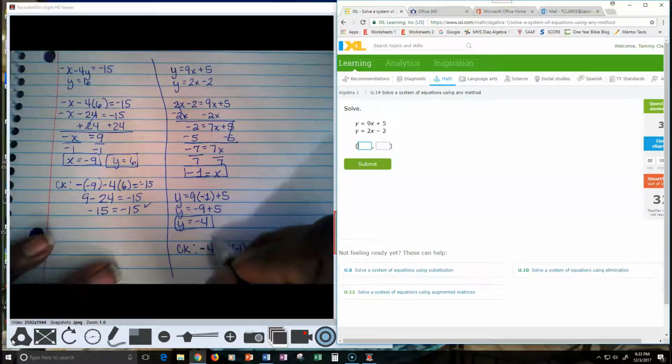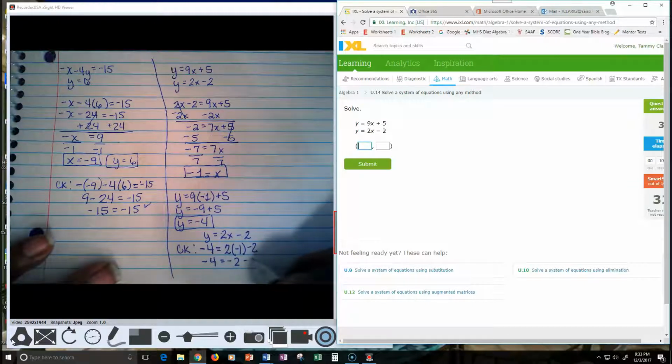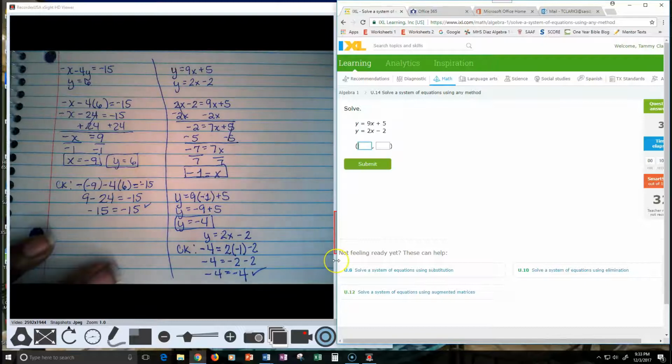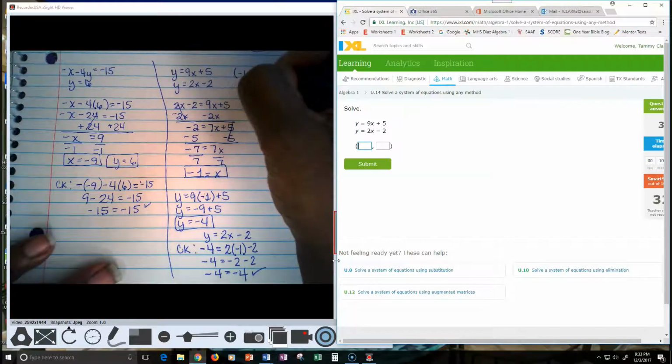I'm getting that from y is equal to 2x minus 2. So I have negative 4 is equal to 2 times negative 1, which is negative 2, minus 2. Negative 2 plus another negative 2 is negative 4. So, yes, we are right. Our answer, therefore, would be the ordered pair, negative 1, negative 4.